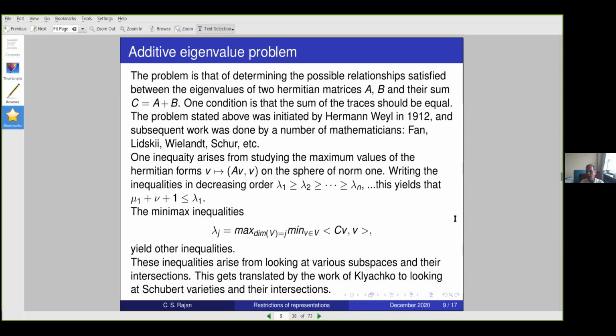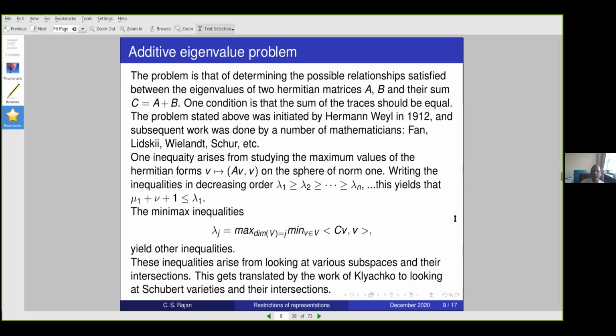For instance, you can take the subspace generated by lambda 1 to lambda j and intersect it with one of complementary dimension, so that you will have exactly lambda j occurring in that. And that's where this minimax inequality gets attained.